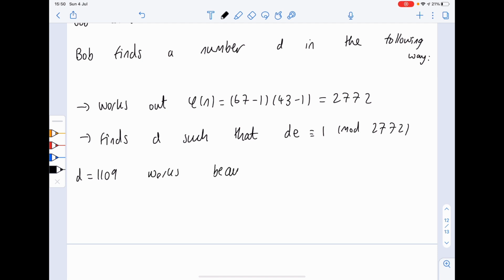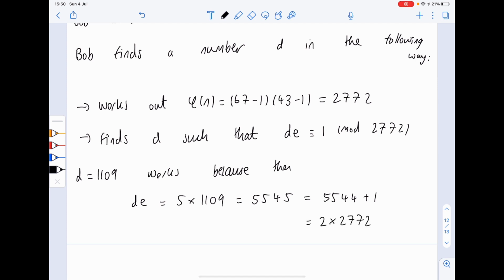Because then D times E is 5 times 1109, which is what? 5545, which is 5544 plus 1, which is 2 times 2772 plus 1.